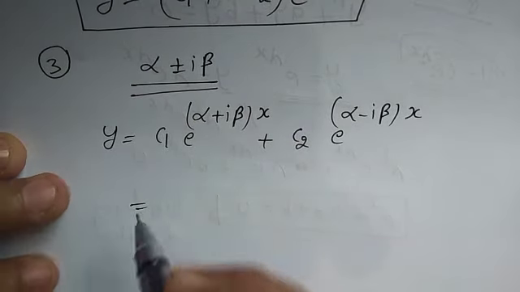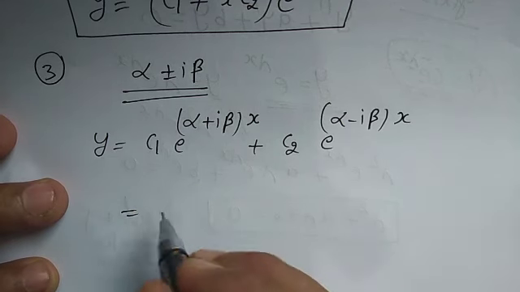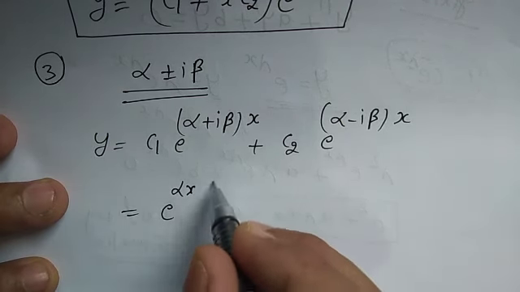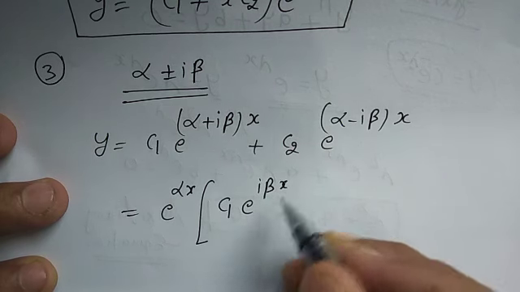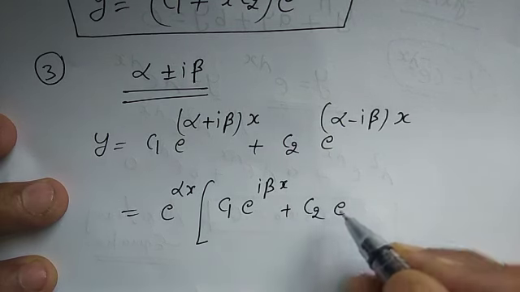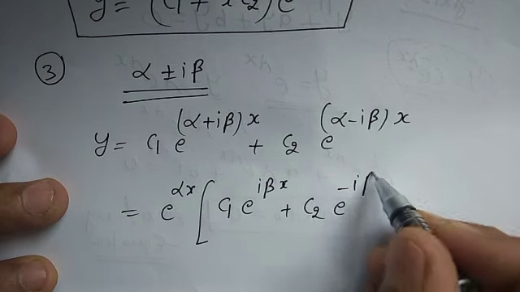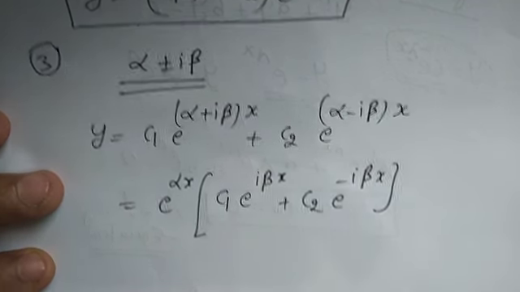Here e power alpha x is common, we can take alpha x common. So we'll have c1 e power i beta x plus c2 e power minus i beta x.